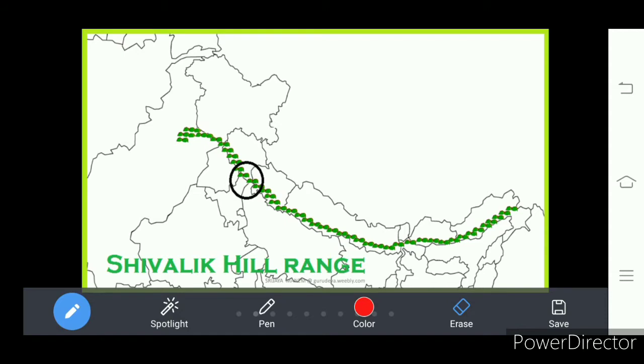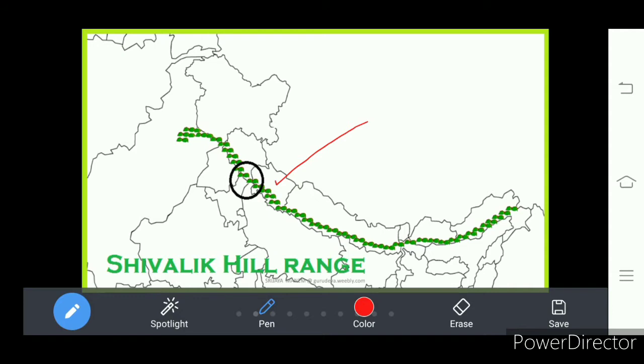One famous dun is Dehradun, located in Uttaranchal. Where is Uttaranchal? This is Uttarakhand, we call it, that is Uttaranchal.